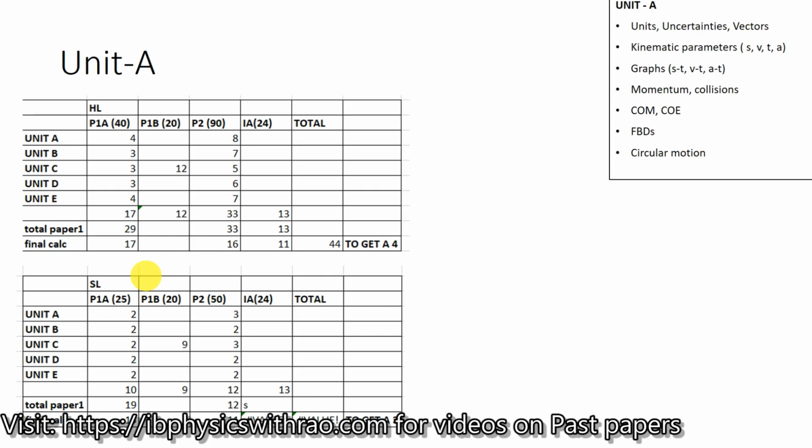As we discussed last time, about the topics required to pass and the minimum amount of marks that you require, I had already emphasized that you must definitely get the data analysis.